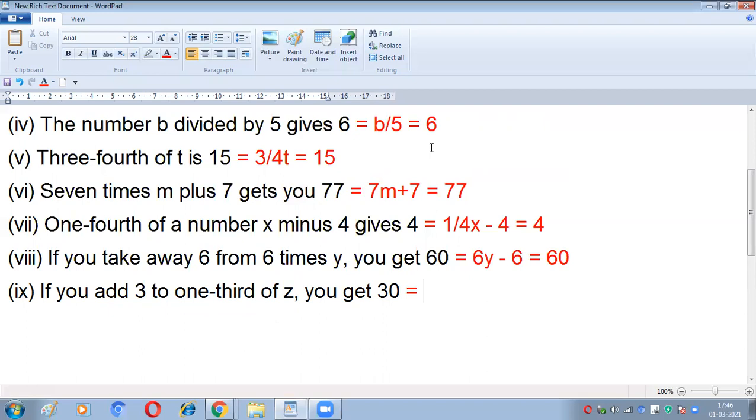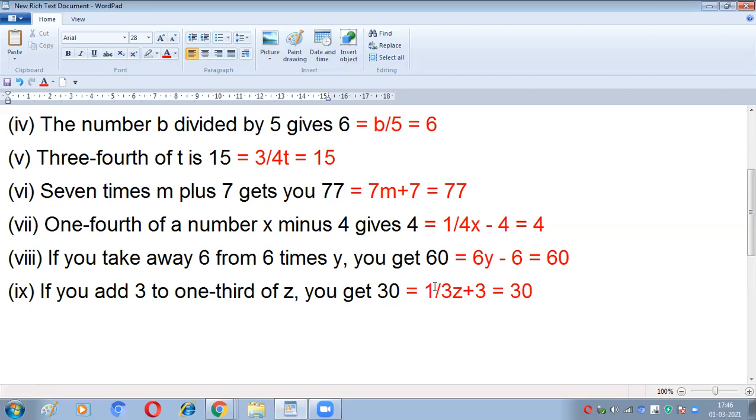So if you add 3 to 1/3 of z, 1 upon 3z. If you add 3 to 1/3 of z, 1 upon 3z plus 3, you get 30. That means it is equal to 30.